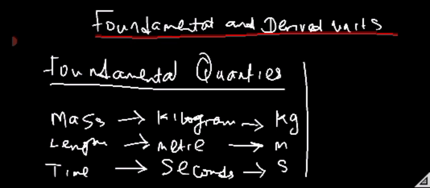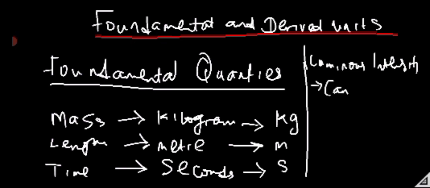The next one is luminous intensity. Luminous intensity is measured in candela, and the symbol is C. The next one is temperature.